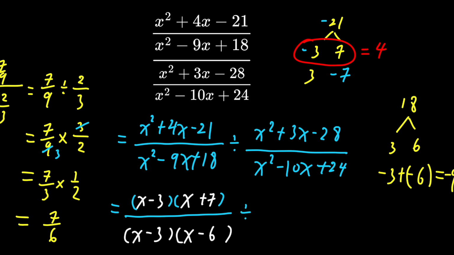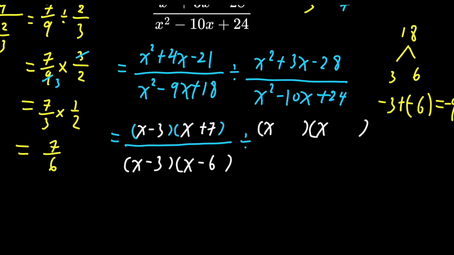Then, for the divisor, we also simplify it. We put the two parentheses and variable x. Then we want to break 28. The two factors will be 4 and 7. And since the constant term is negative, one of the factors must be negative. So it would be negative 4 and 7, or positive 4 and negative 7.